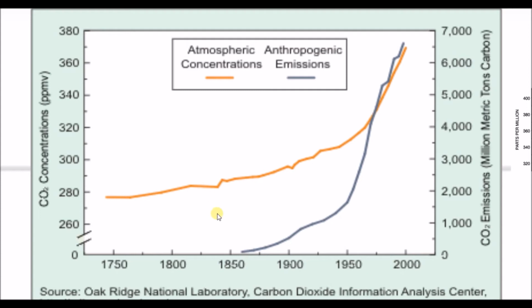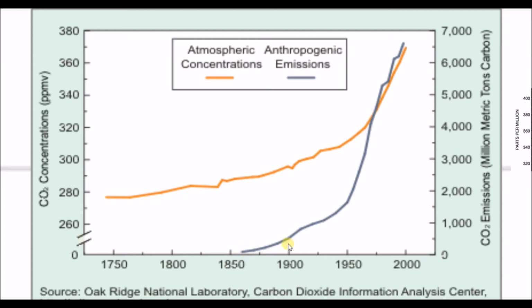About here is the Industrial Revolution. This orange line represents the concentration of carbon dioxide in the atmosphere, and then it has this little uptick. Here, this blue line is called anthropogenic emissions, meaning anthro, remember, man, and pogenic meaning created. This is basically what we know we've burned into the atmosphere.